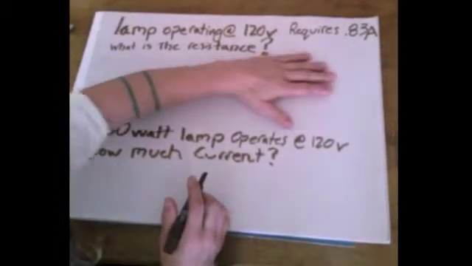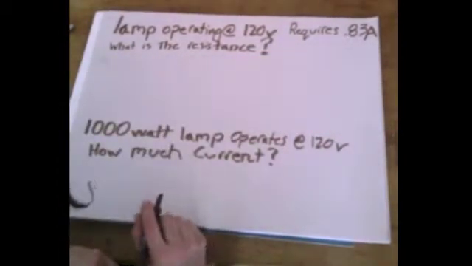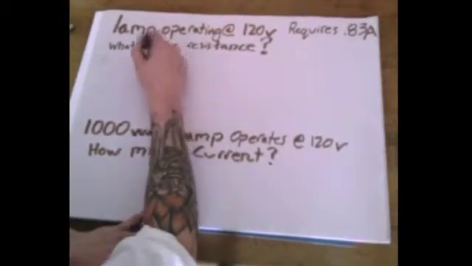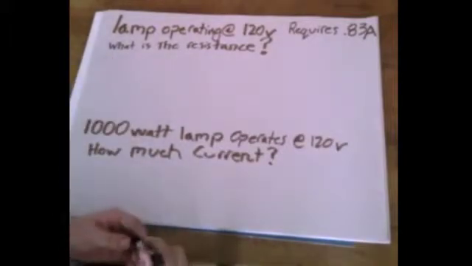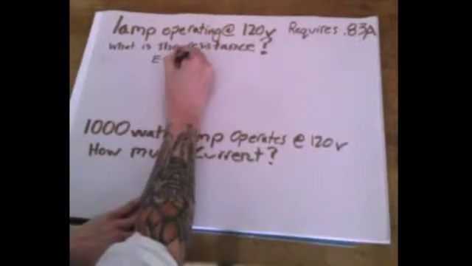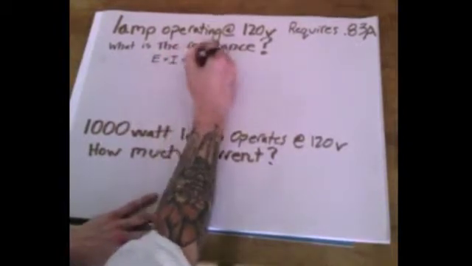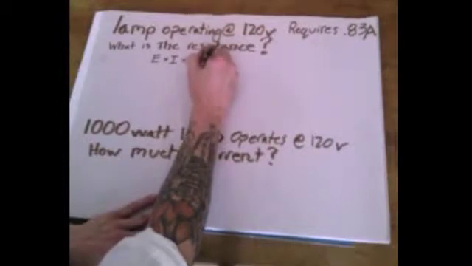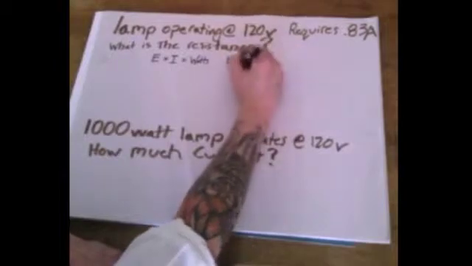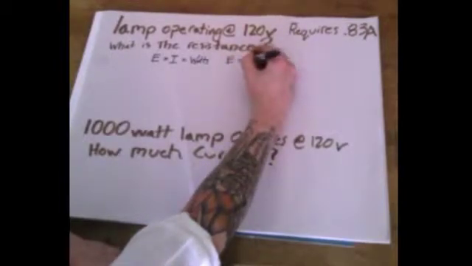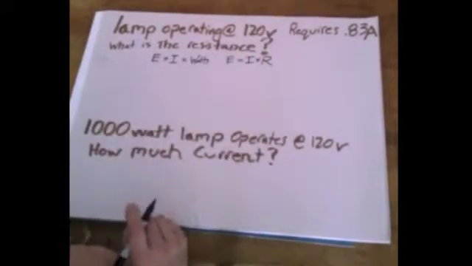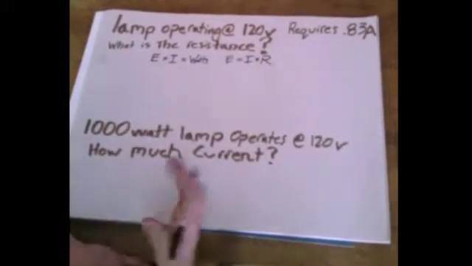A lamp operating at 120 volts requires 0.83 amps. What is the resistance? So you write down Ohm's law, of course. Okay, you wrote down both those formulas, and then you just plug in the things you know.